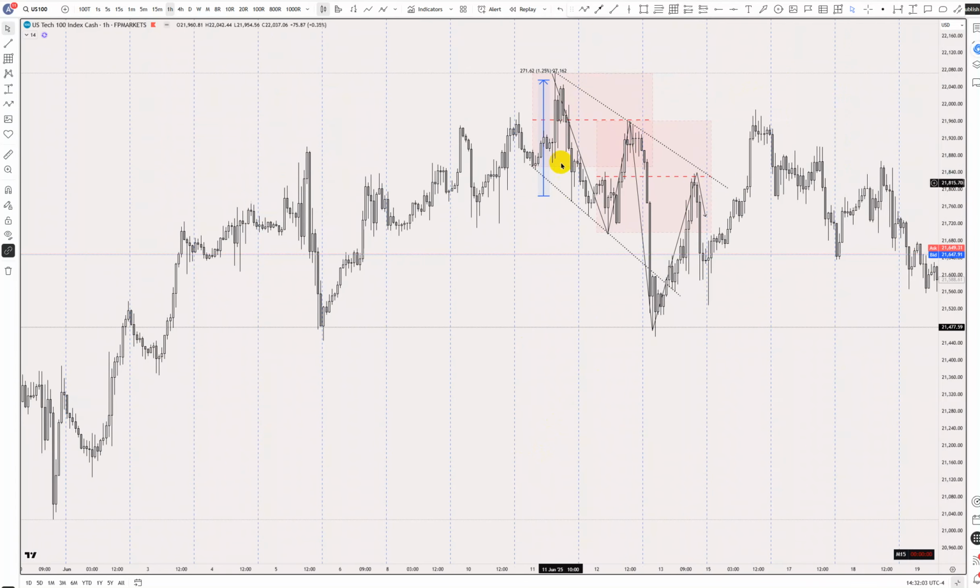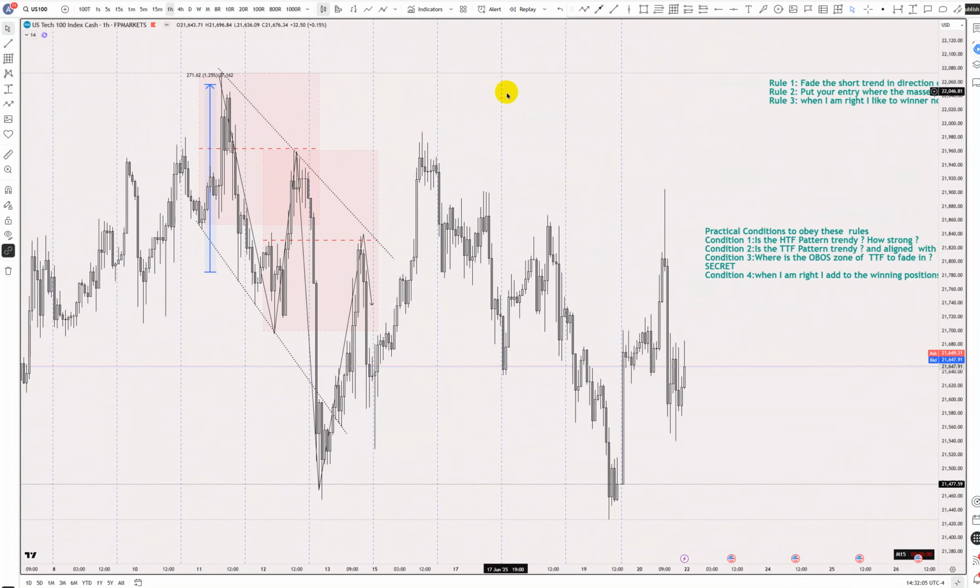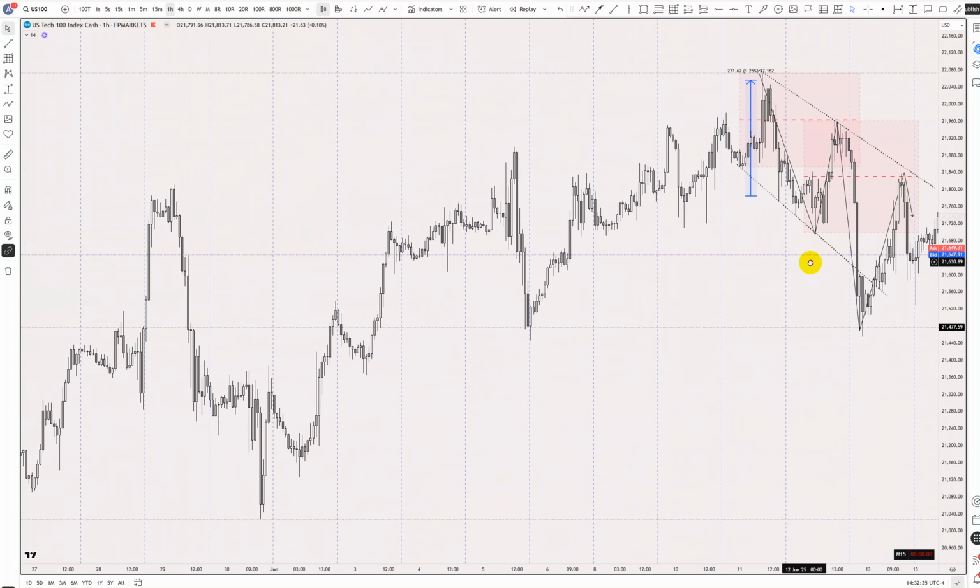Now that we have defined our higher time frame, what is the second one? We're looking for not only strength, it must be trendy. In this scenario, we are talking about the market cycle. What is the market cycle? Market cycle is market structure plus momentum. Here we have a very weak channel. It is not a tight channel, it is not spiky, it is a weak channel, and so far it is not a trading range.